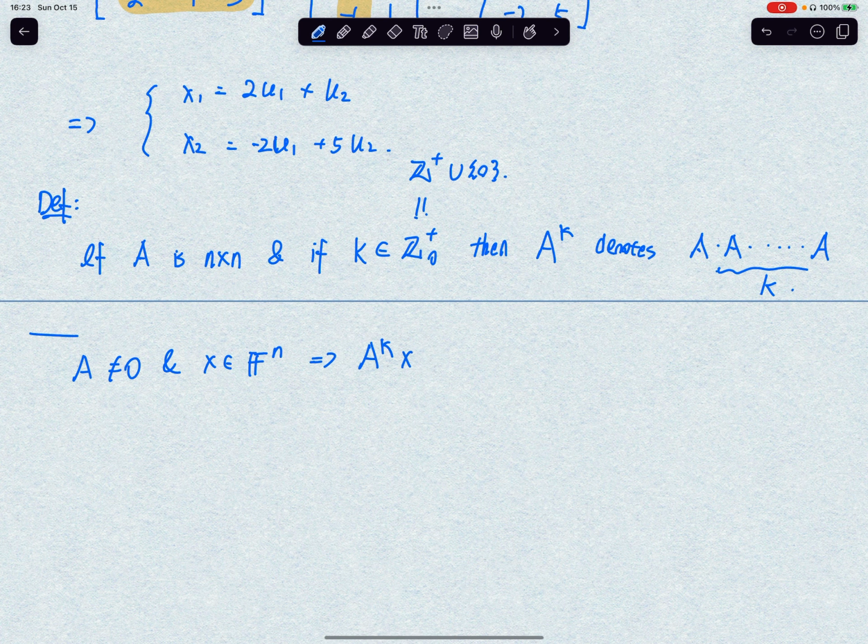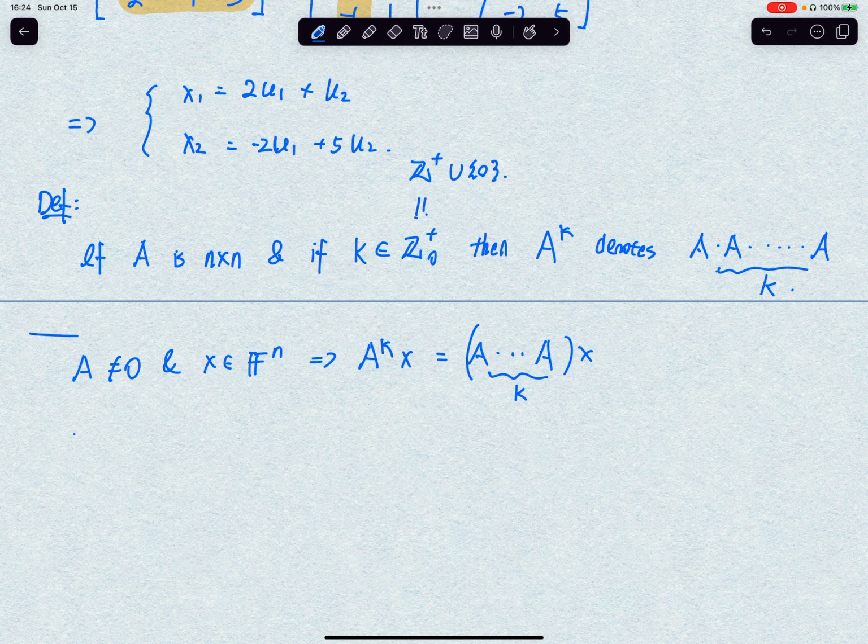Then A^k times x is the result of left multiplying x by A k times. So that is A times all the way down to A, there are k times, and then times x. And also, since we have the associativity of the multiplication of matrices, we can always interchange the relationship, and also for the scalar multiplication, as we see in the last theorem.